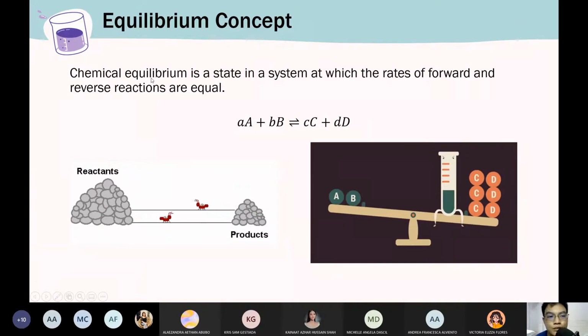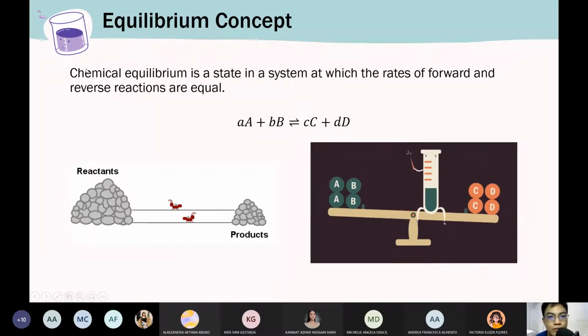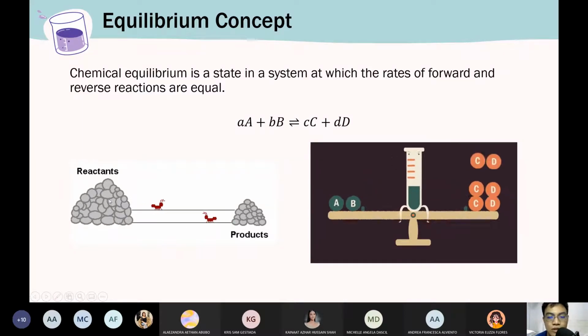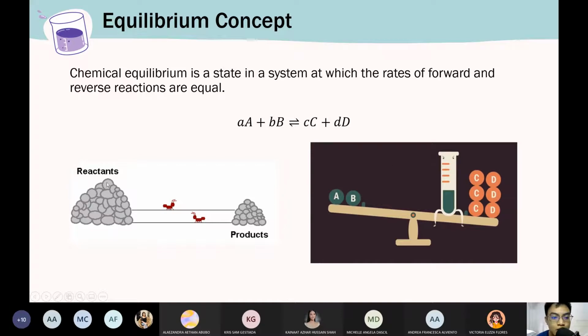Just to recall, chemical equilibrium is a state of a system wherein the rates of forward and reverse reactions are equal. Meaning there's an equal tendency of your reactants producing products and the products producing reactants. Same tendency, so kumbaga, it seems that everything is in balance.